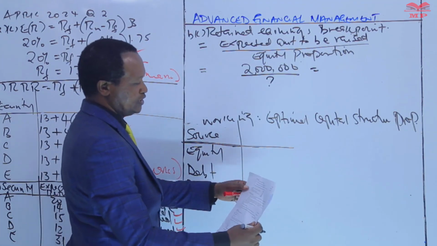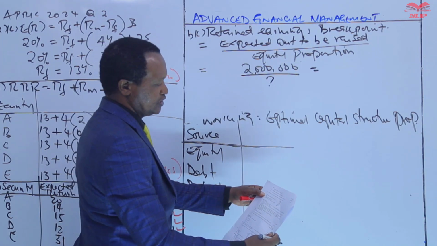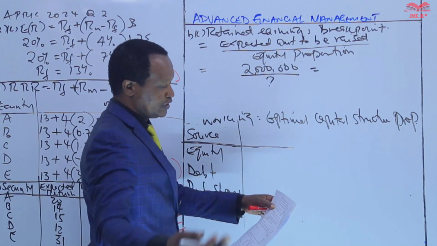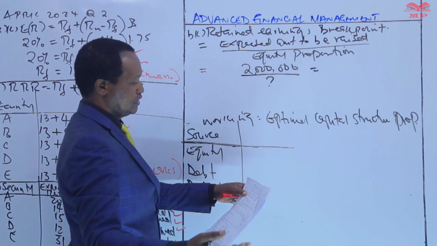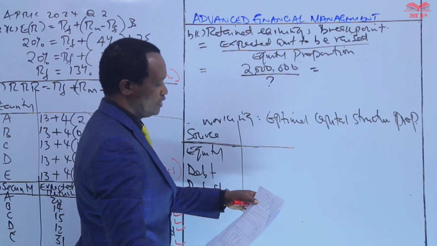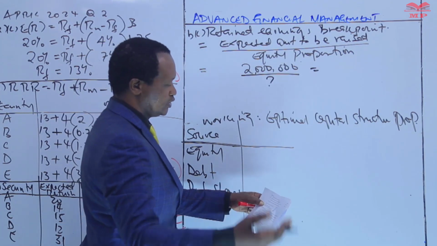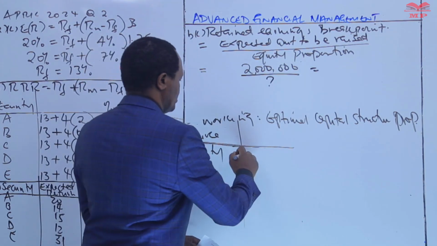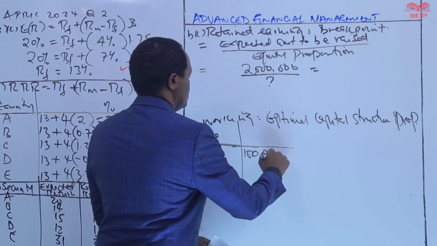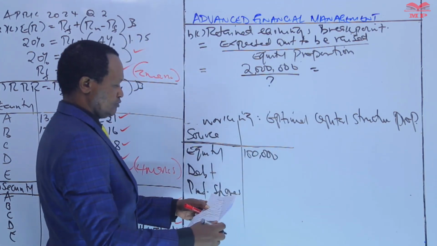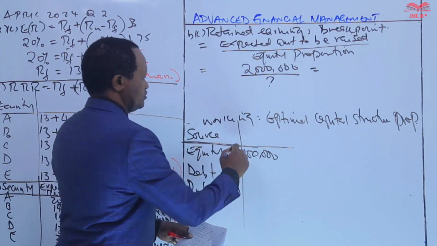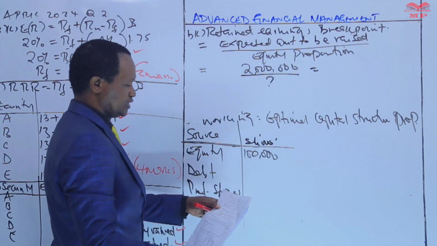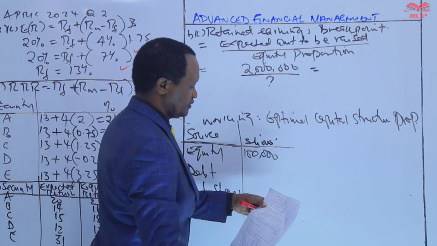Now equity is in two parts: ordinary share capital and reserves. Reserves are part of equity. So that is 80 million plus 20 million, which is equal to 100 million. That is ordinary share capital and reserves.